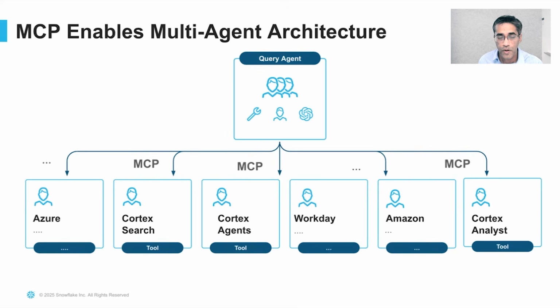So with that, I'll share a couple of things that we have seen with the use of MCP. As customers and enterprises continue to evolve their application architectures, MCP is playing a role in this application architecture evolution.